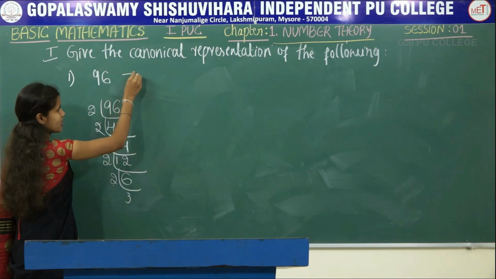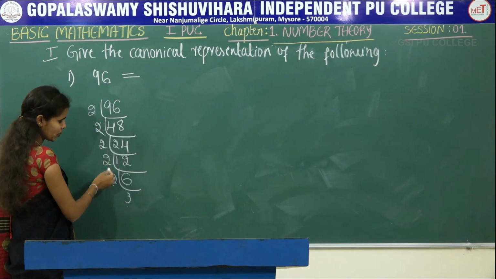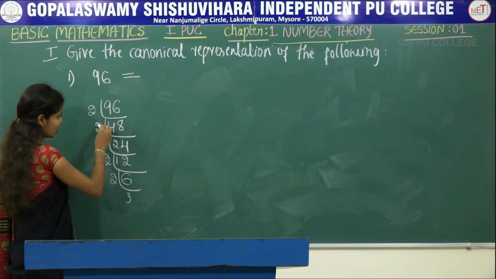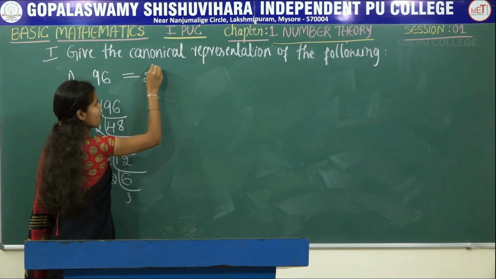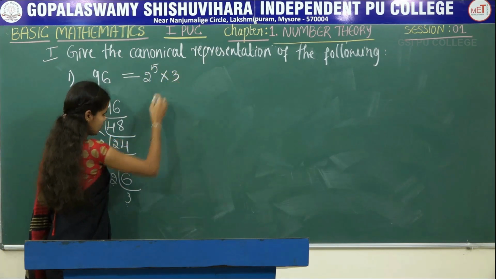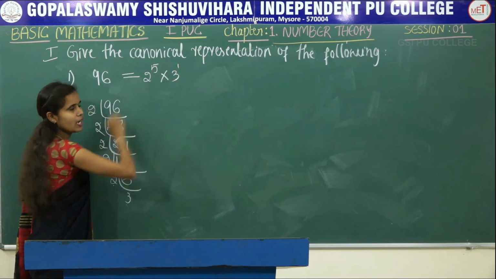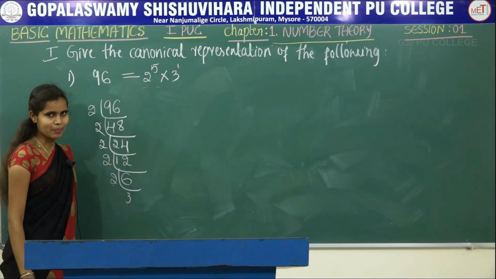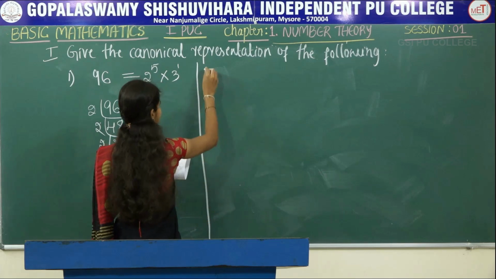So 96 can be written as 2 into 2 into 2 into 2 into 2 into 3, that is 2 five times. So 2 to the power of 5 into 3, or 3 to the power of 1. This representation is called the canonical representation.